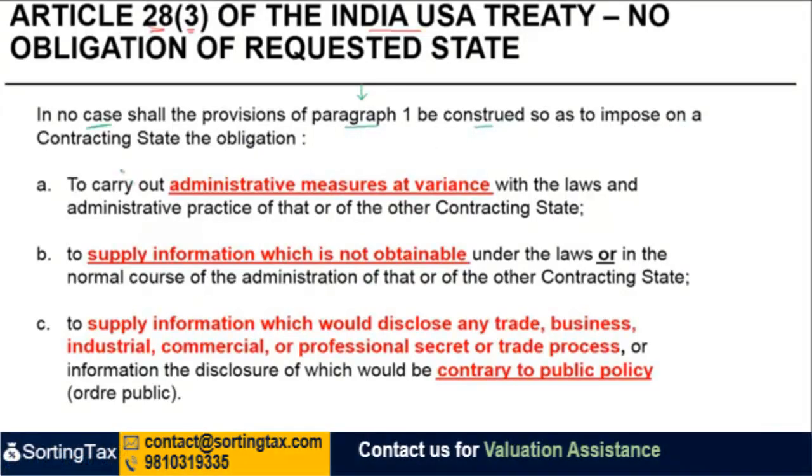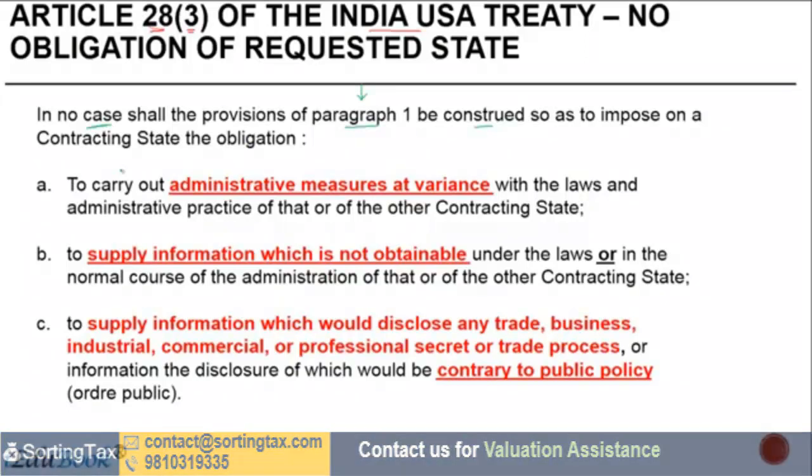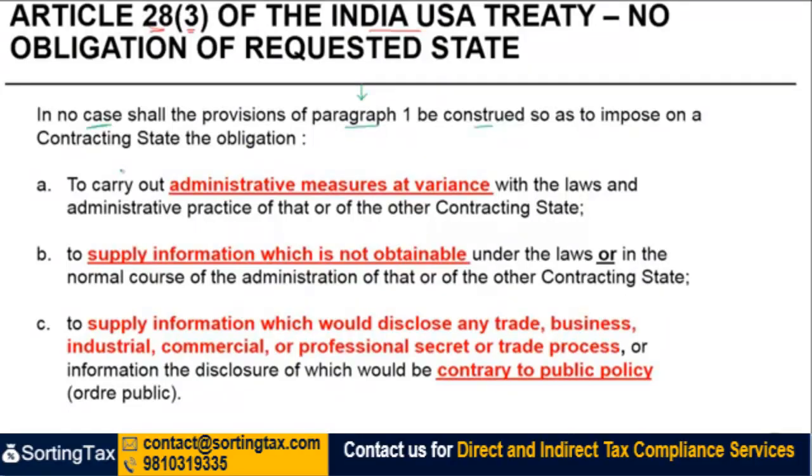So while paragraph 1 provides that it's mandatory for a contracting state to share requested information if certain conditions are satisfied, these obligations will not apply in the following cases: to carry out administrative measures at variance with the laws and administrative practice of that or of the other contracting state.